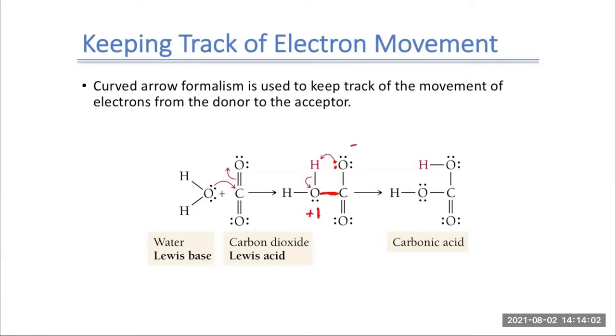This oxygen up here has a formal charge of -1. And so if I do this second attack, or second step, the lone pair is going to grab the hydrogen here, and electrons from this bond are going to move directly onto the oxygen. So now we have a new set of lone pairs there, and a new bond here. Now, if we check the formal charges on everything, 0 and 0. By doing the second step, we reduce the formal charges on all of our atoms, thereby creating a more stable molecule.